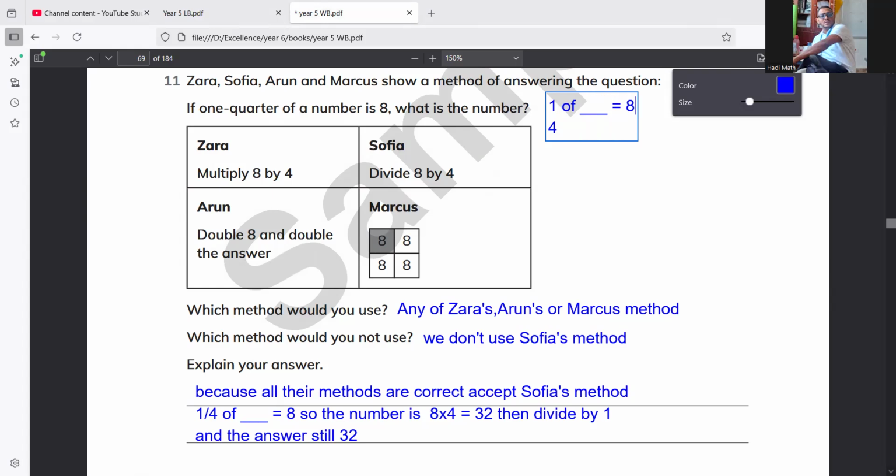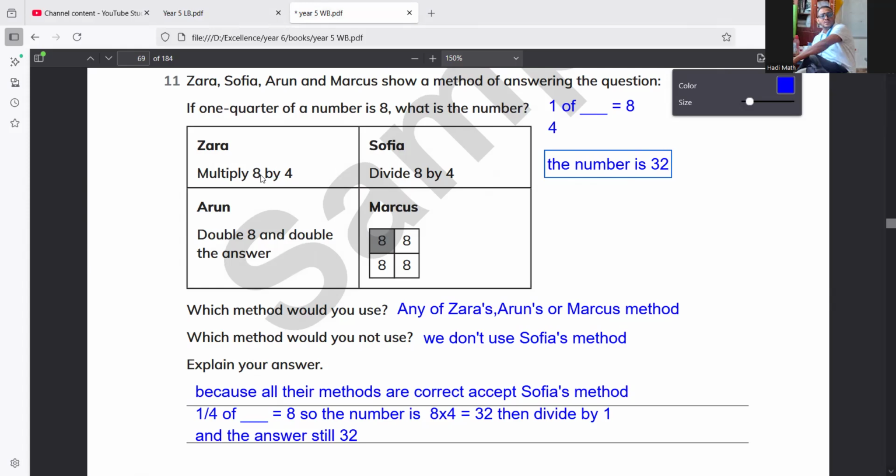What is the number? According to what we know, the missing is the whole number. So we say 8 divided by 1 is equal to 8. Then we multiply by 4, which is equal to 32. Then we say the number is 32. Let's go and check each method.